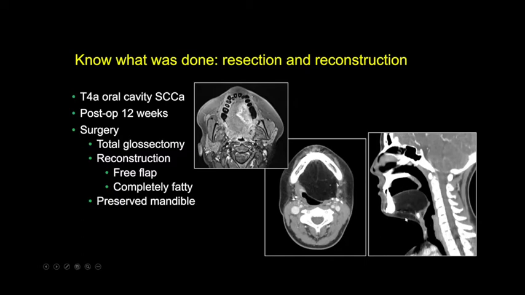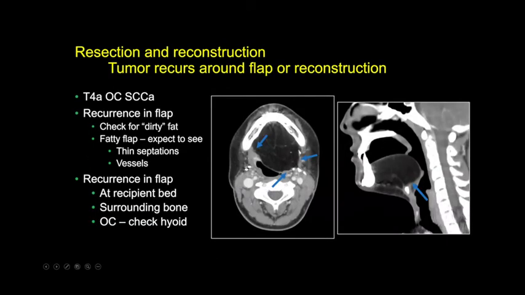In oral cavity flaps, it's very important to look around the hyoid bone because oral cavity tumors often recur down around the hyoid bone. So the flap itself should be relatively homogeneous. It should not be dirty. We should not see dirty fat. There are the septations that you always see in a fatty flap. You'll see some vessels, as we see right here.